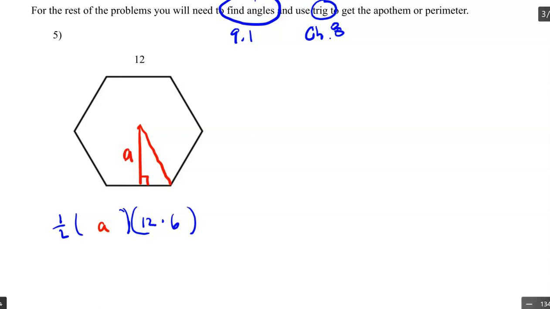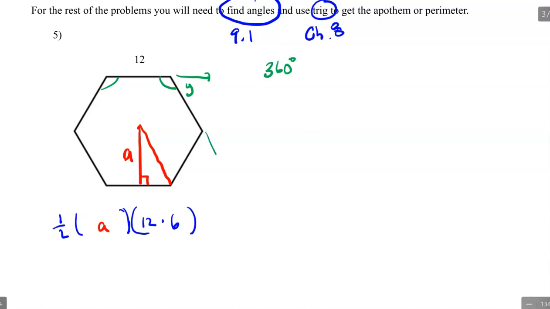All right, so doing some scratch work here. First of all, let's figure out how much an angle is in a hexagon. Some of you might have it memorized from 9.1, but if you don't, the way that I like to do it is to figure out the outside angle. I'll call this Y. And I know that when you figure out all the exterior angles for any shape, the sum of all of them is 360 degrees.